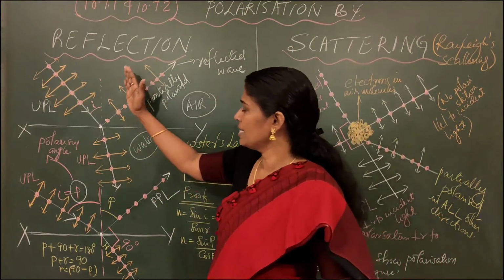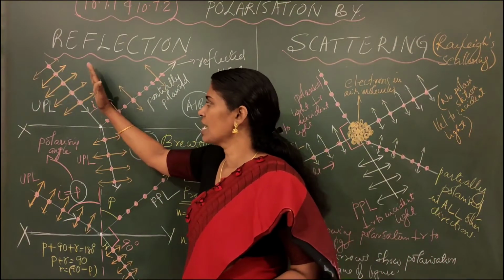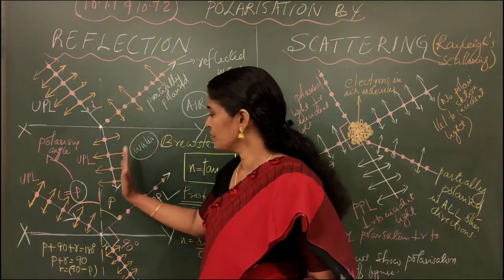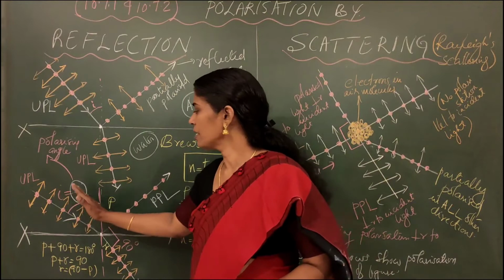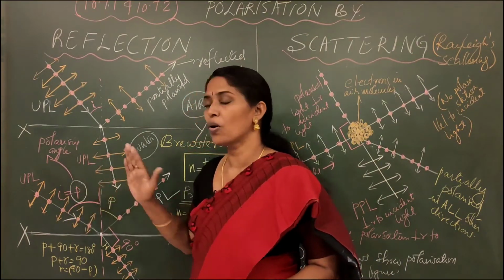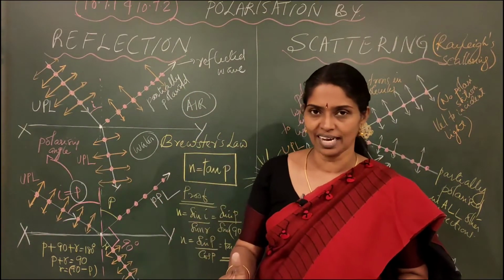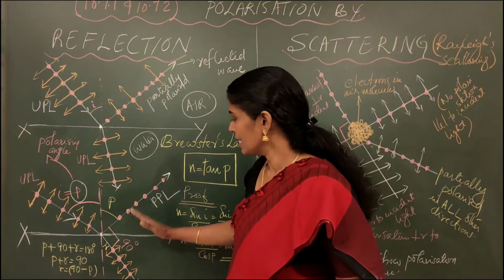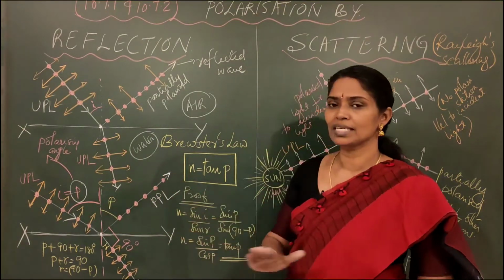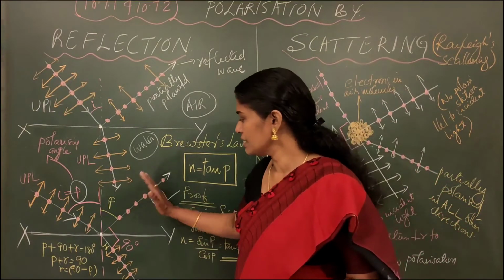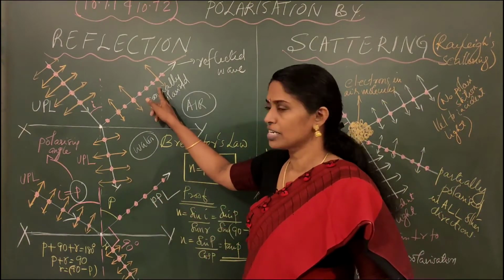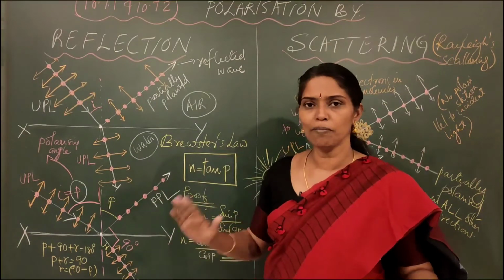But if you change the angle of incidence, and if you reach a particular value known as P, when I becomes P, known as polarizing angle or Brewster's angle, you can see that the reflected light is completely plane polarized. The reflected light is not partially, here it is partially, here it is completely plane polarized.